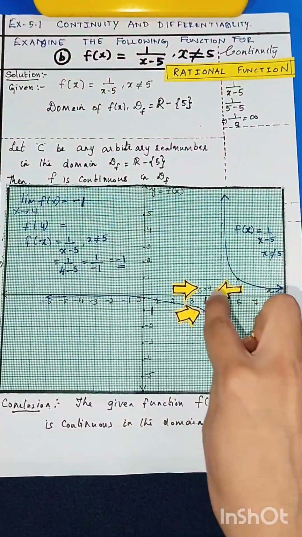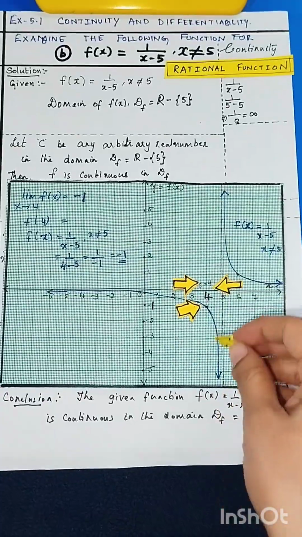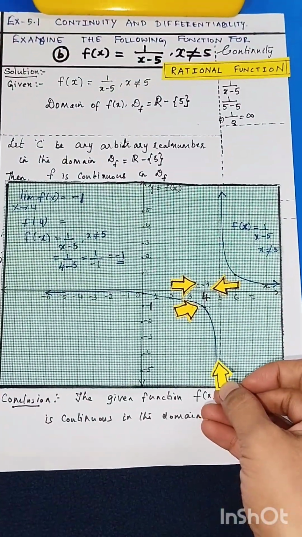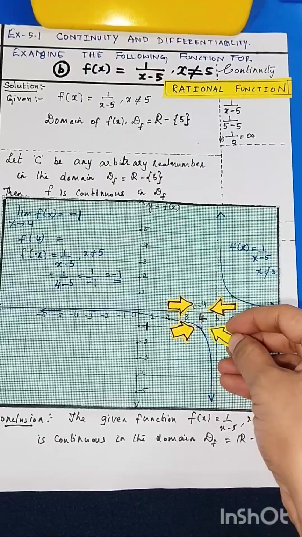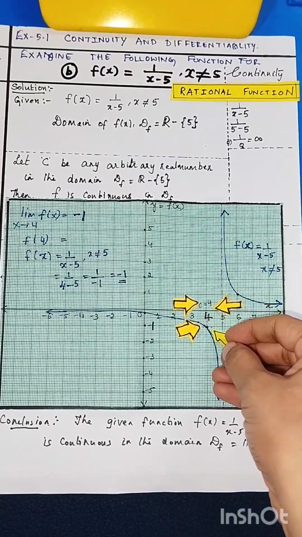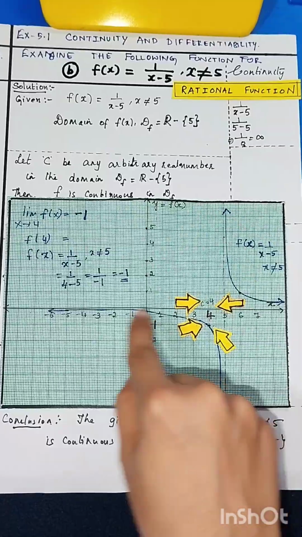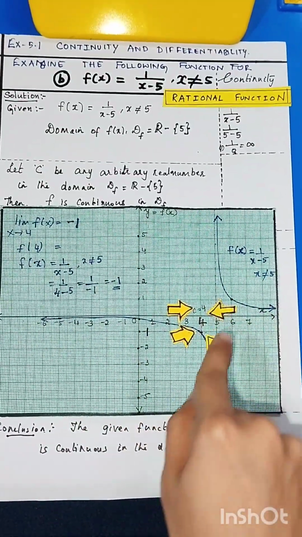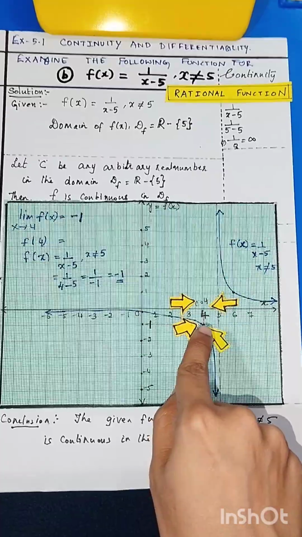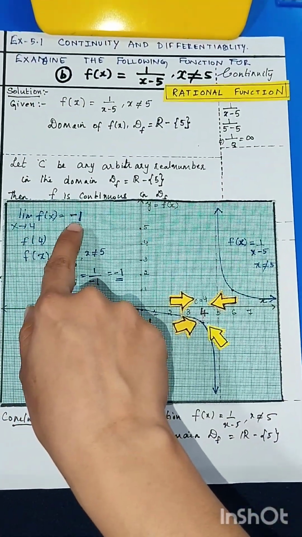Now we approach 4 from the right side. Then you see that the graph of the function is also approaching one number, that is -1. Left side it's approaching -1. You travel from the right side, it is approaching -1. So that's why we say the limit exists and the value is -1.